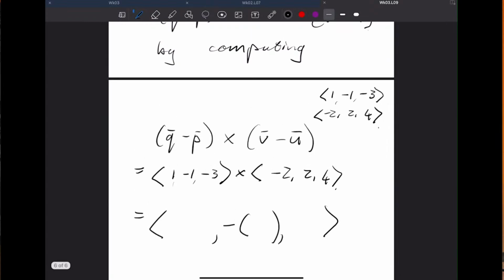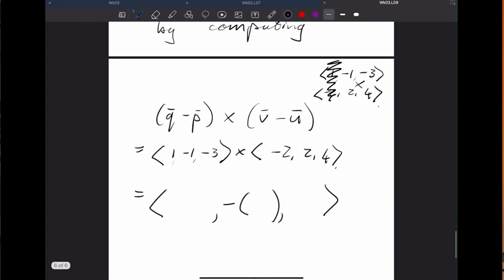For the first component, we cover up the first components and work out the crosswise multiplication of the two vectors. That is going to be -4 minus -6, so -4 plus 6, that is 2. Okay, so now we've got our first component.